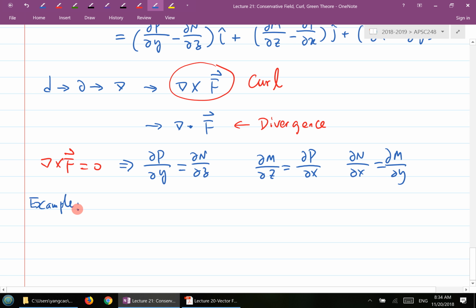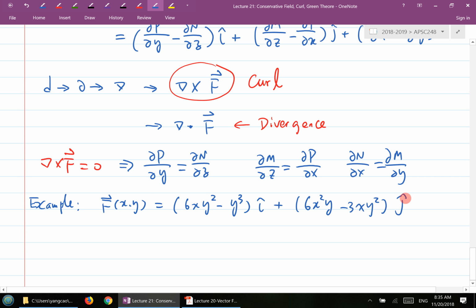Any questions so far? Okay, all good? Let's give the following vector field F. I'm going to use a 2D vector for illustration. So this is a 2D field, just a special case of the 3D field.